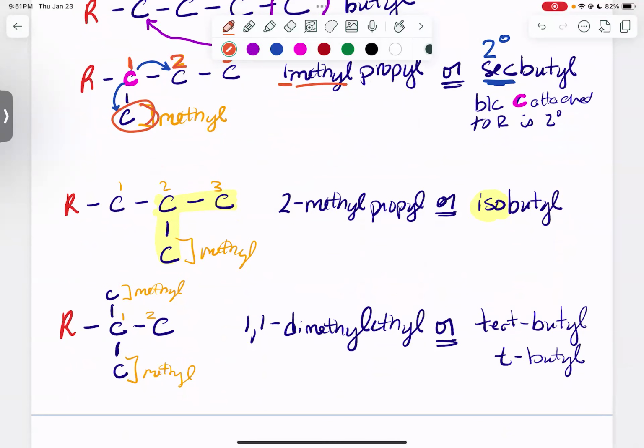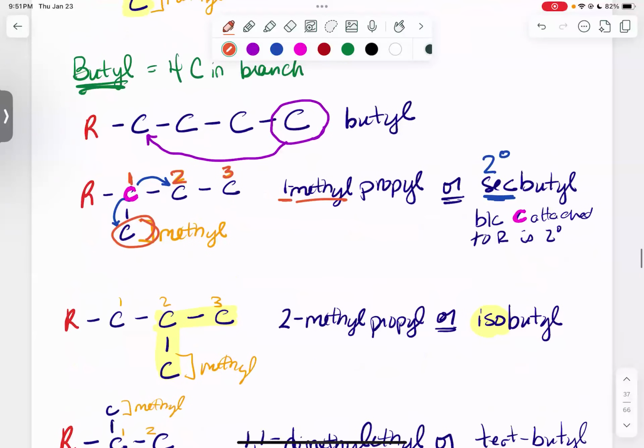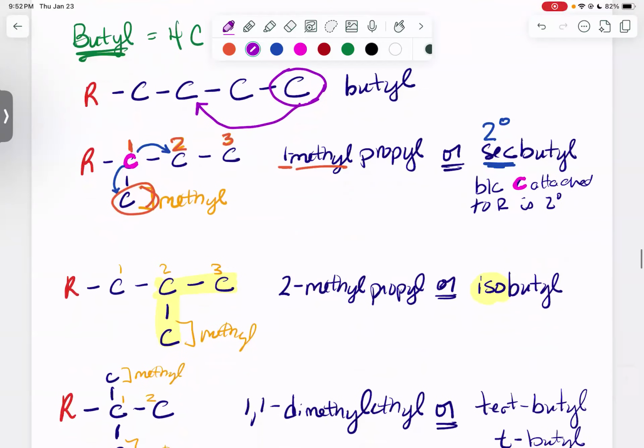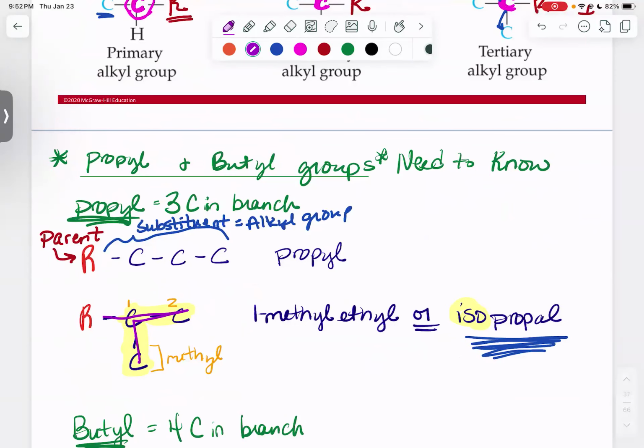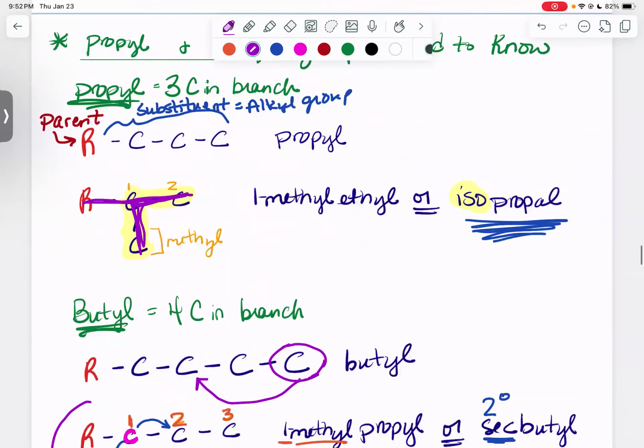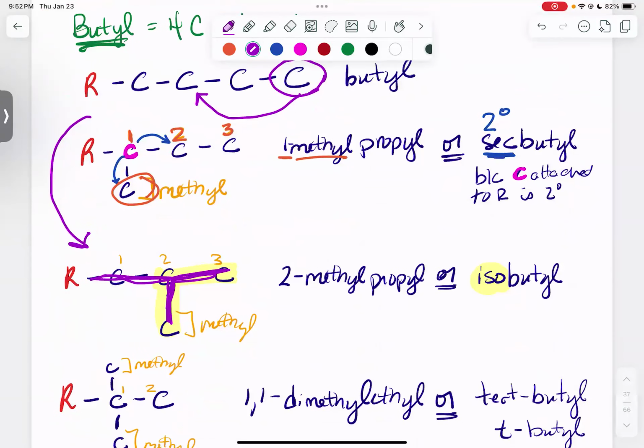All right, now, the other way that I could do this is, instead of moving this last carbon to carbon number 1, I could move it to carbon number 2. If I move that last carbon to carbon number 2, I'm going to get this structure down here. Do you see this Y? It kind of looks like a Y. Because the previous one is called isopropyl, this one is called isobutyl.